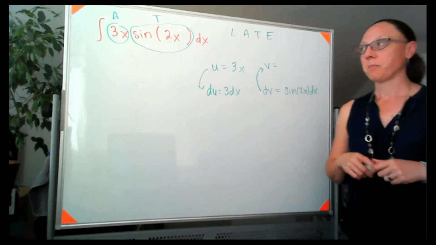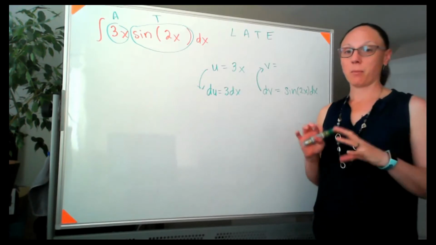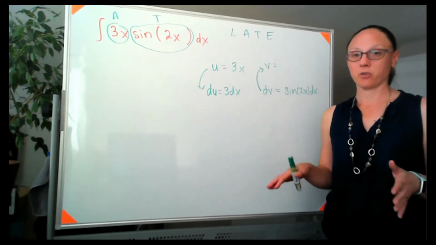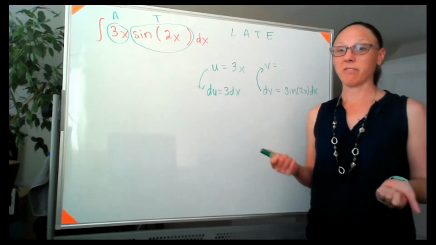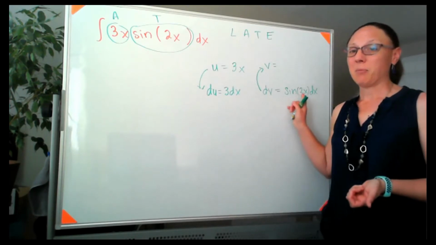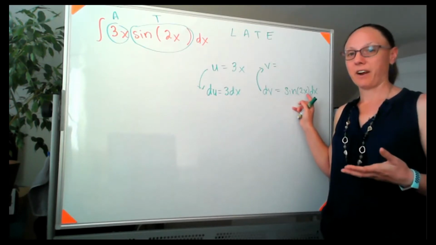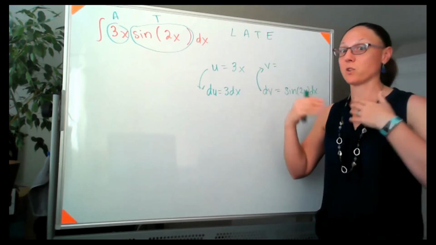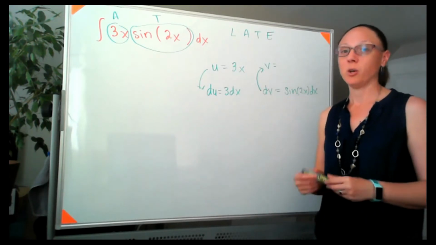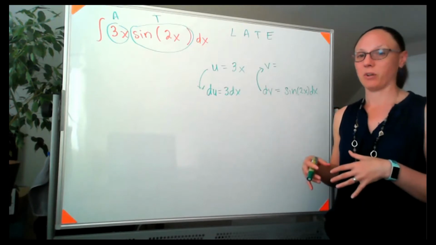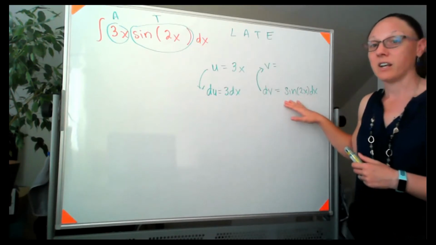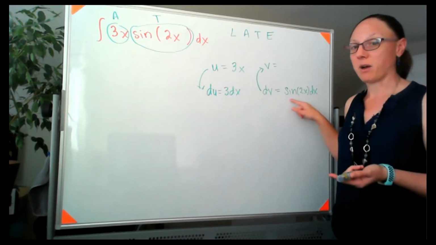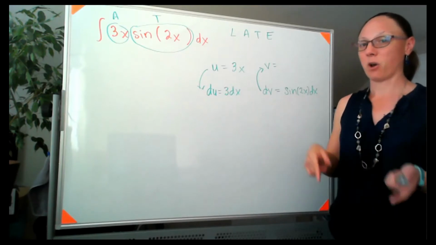If you haven't spent time memorizing those antiderivatives on page 345 yet, we definitely want to, because anytime we just have a number in there, it's good if we can go straight to the antiderivative without spending more time than we need to. So here, the function whose derivative is positive sine is negative cosine.